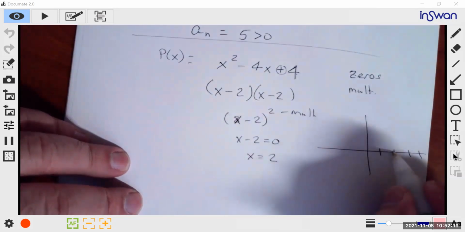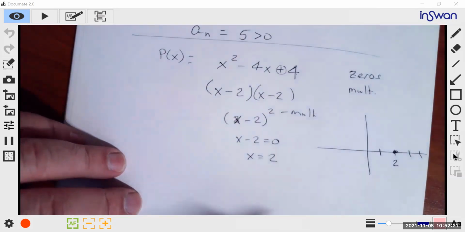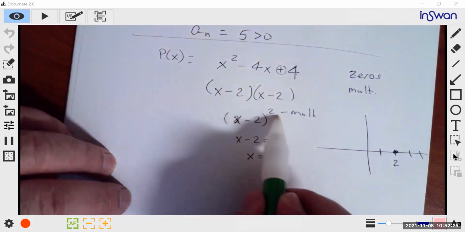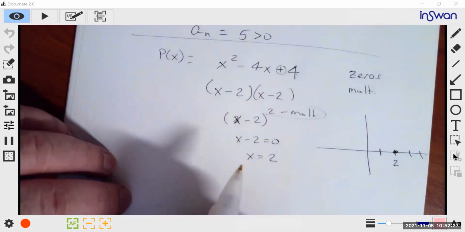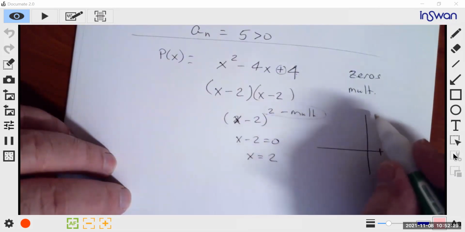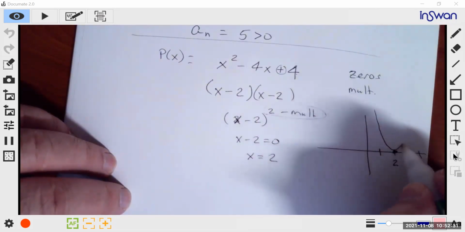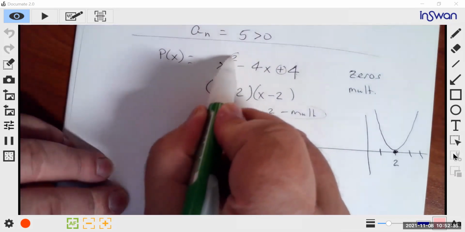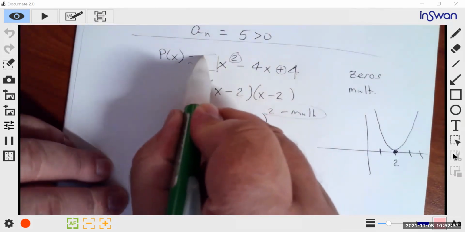So we have an intercept at 2, a zero. And since the multiplicity is 2, what happens at that point? It bounces. Because it's a quadratic equation, it has to open up.